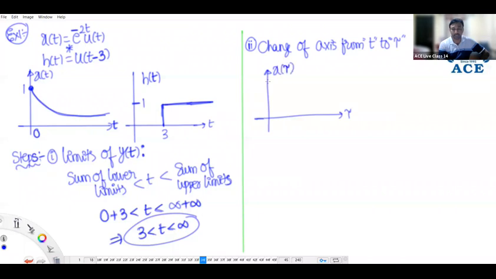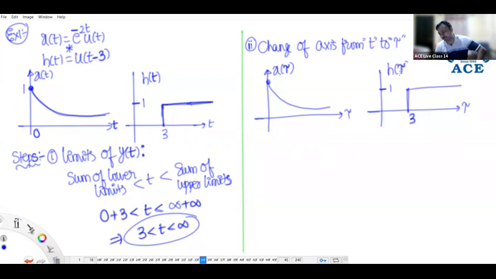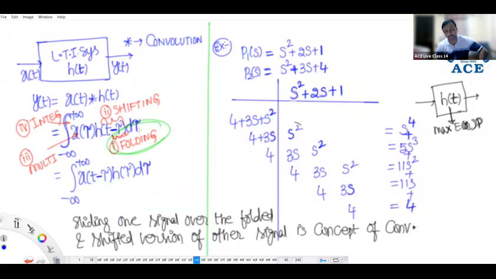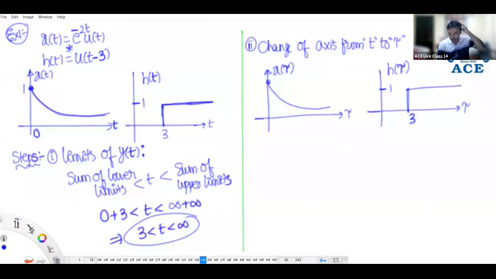Only the axis changes. x of tau with respect to tau, h of tau with respect to tau. What is the need of changing the axis? If you see the definition, integration is done with respect to which variable? Tau. Integration is done with respect to tau. That is the reason for the change of axis from t to tau.